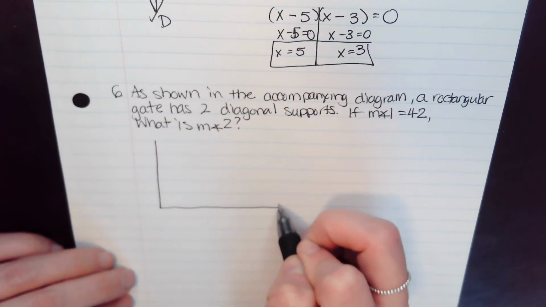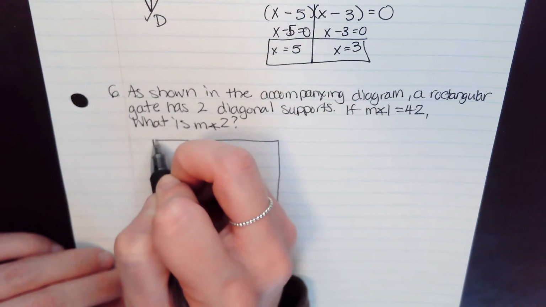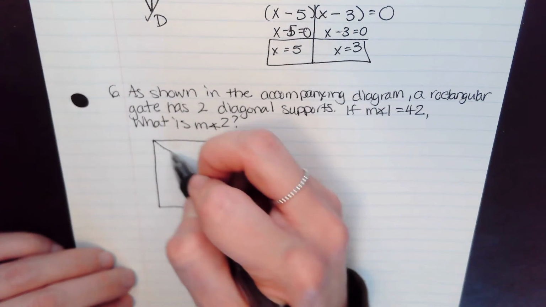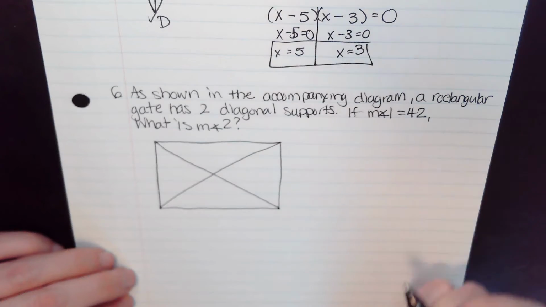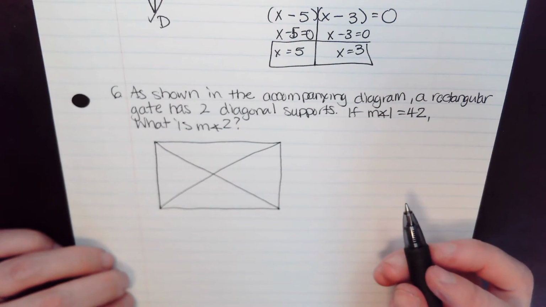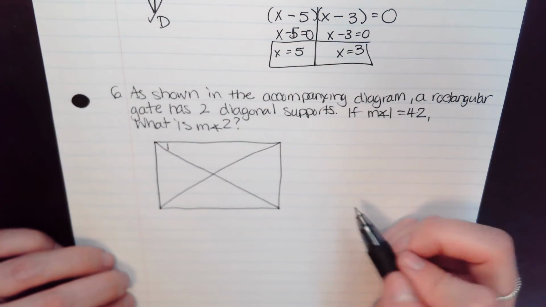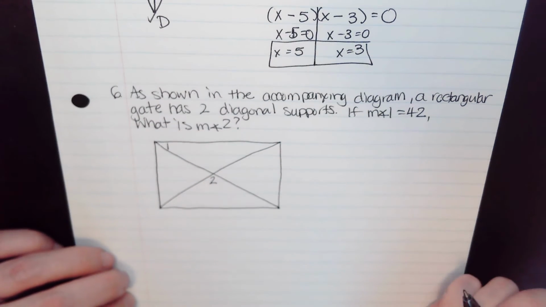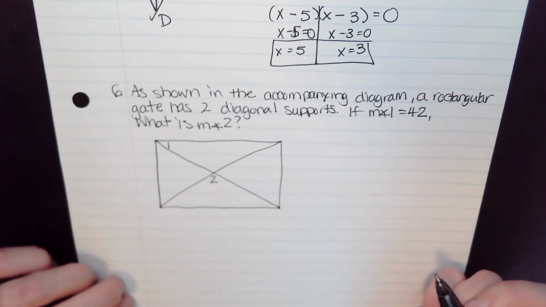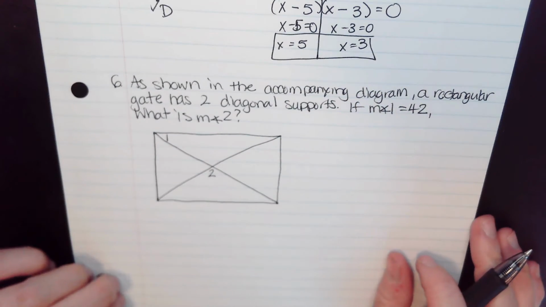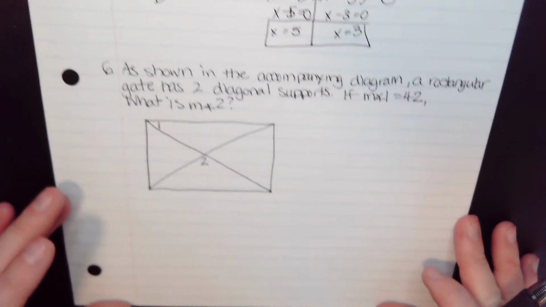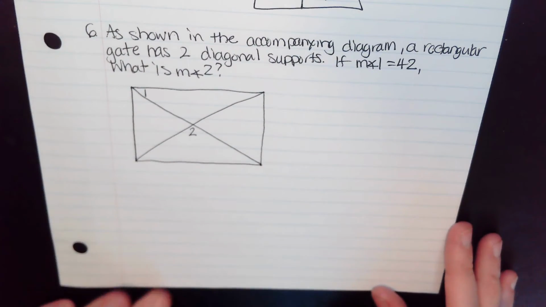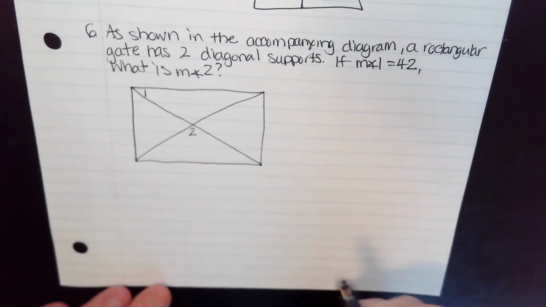So here's your picture. So we've got two diagonal supports, and here's angle 1, and here's angle 2. Okay, so I would like you guys to pause the video here and try to come up with your answer for what is the measure of angle 2.